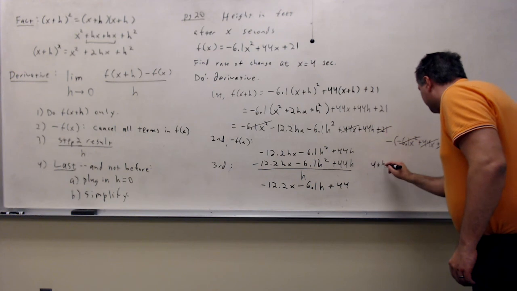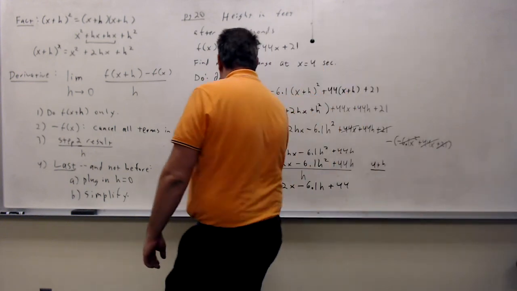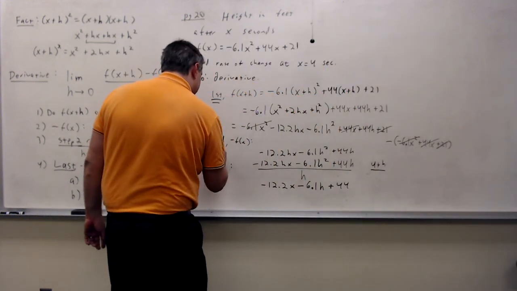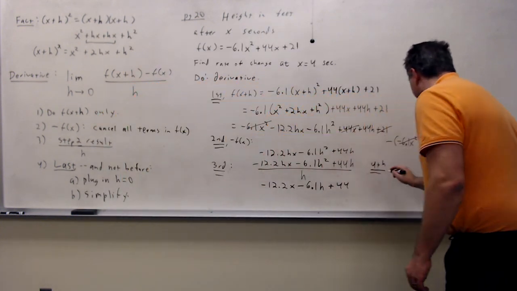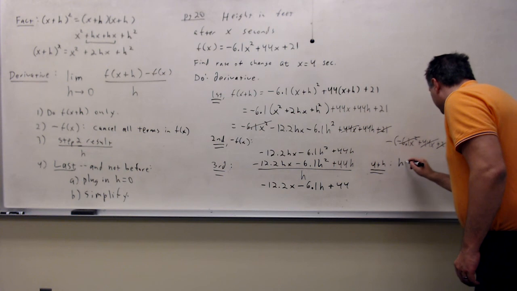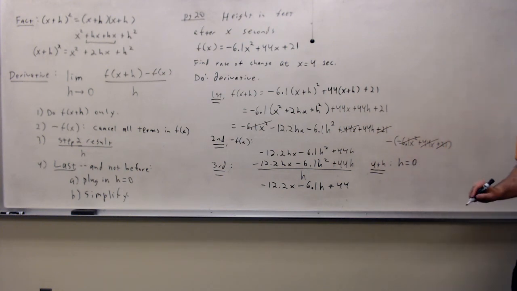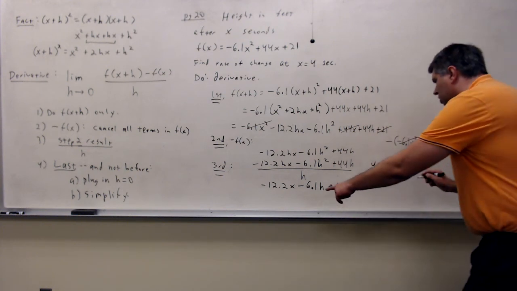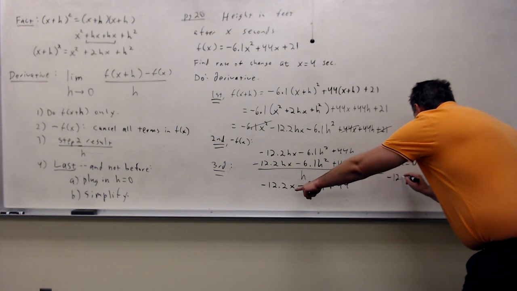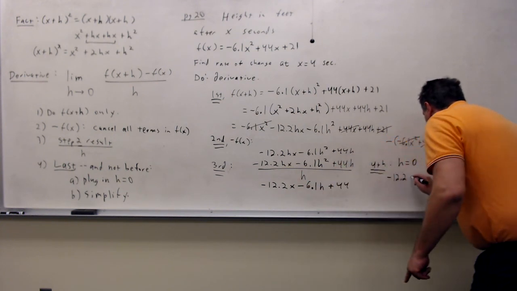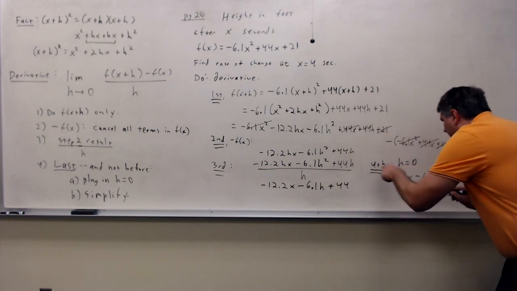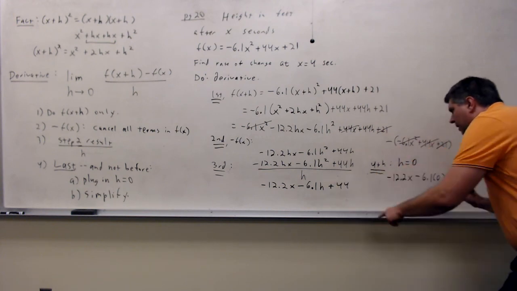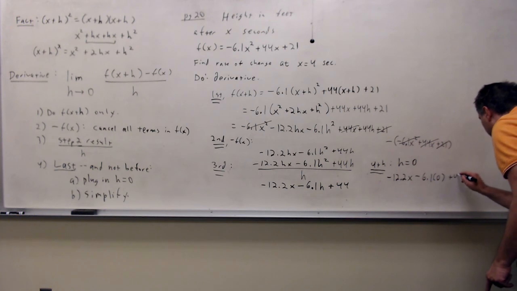Fourth step. So here's the first step. Here was the second step. Here was the third step. This is going to be the fourth step. Fourth, h equals 0. So I'll have negative 12.2x minus 6.1 times h, which is replaced by 0, plus 44.